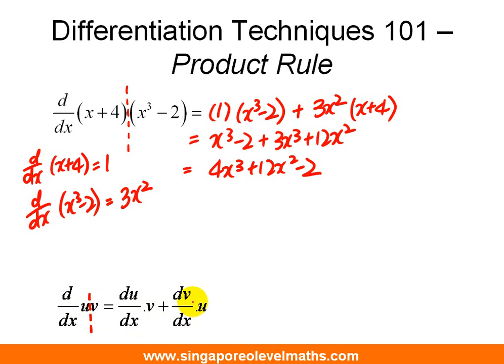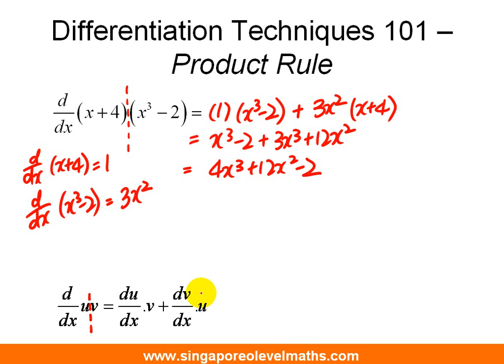You differentiate your v, which is represented by dv dx, and you copy u. So this is product rule, used when your unknown is in the form of product. And I usually use a dotted line to remind myself that product rule is in action.